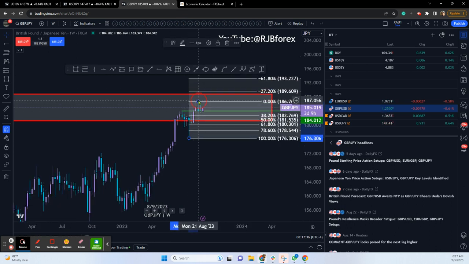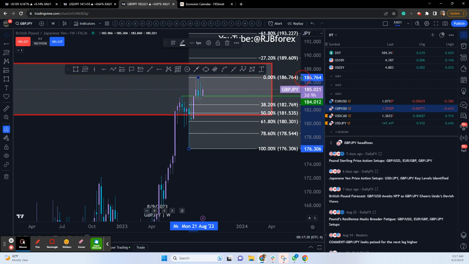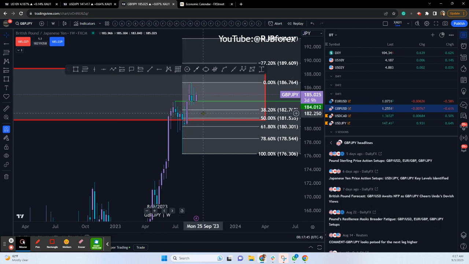We're yet to pull back to the 38.2, so prospects of a continuation to the downside in that respect. Lower highs over the last few weeks. Will this week print another lower high? And if so, will we break these lows?